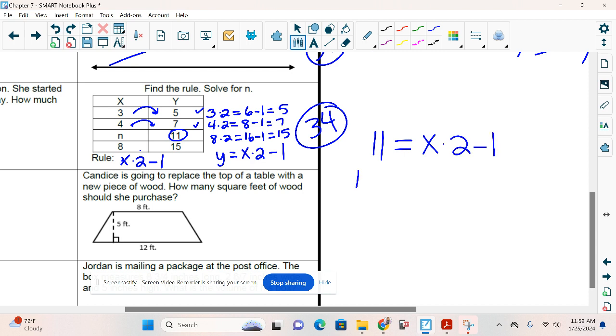If I add 1, cancel that out, I get 12. So 2 times what equals 12, which gives me 6. So n is going to equal 6. And that's going to be my answer.